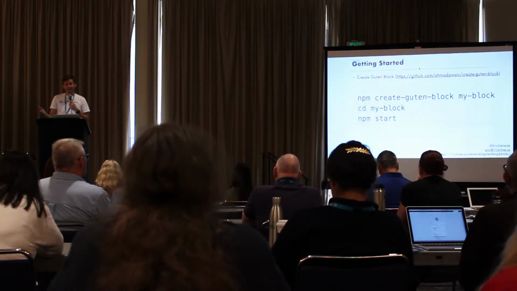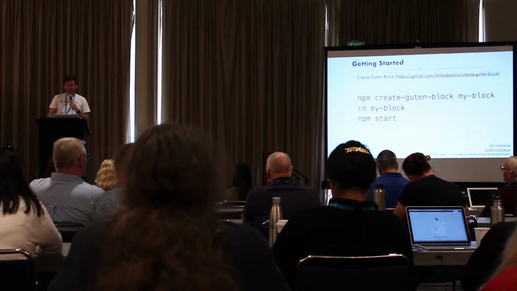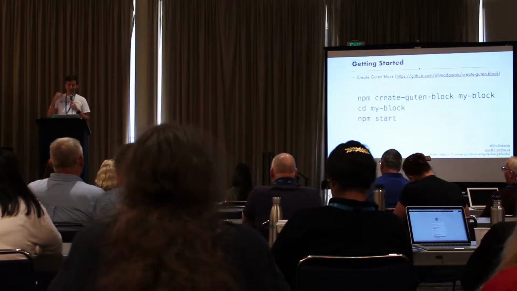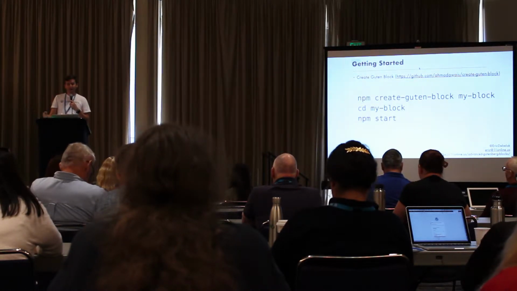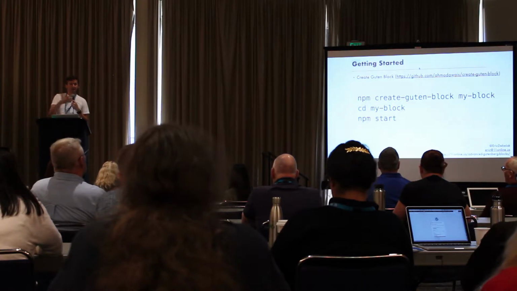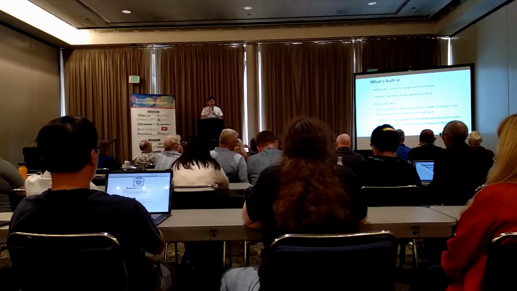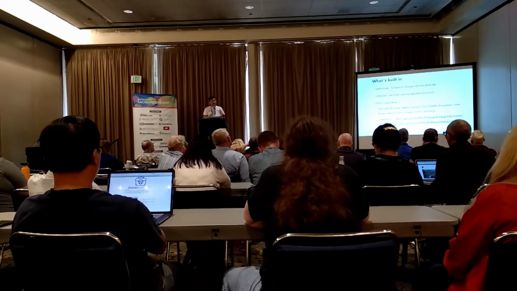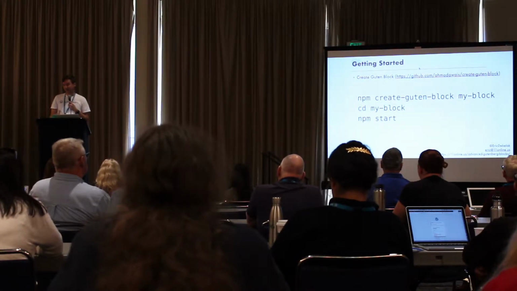When I started doing React, there weren't a lot of tools, and you had to set up your own. I set up Babel or Webpack, and it was this huge hassle. But now there's a lot of really great tools that do things like rebuild your project. They'll do a development build, a production build. And based on Create React App, which is a very popular tool for React, there's another tool for Gutenberg called Create Guten Block, and it's very easy.